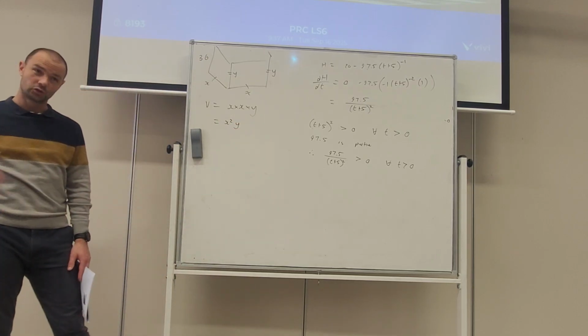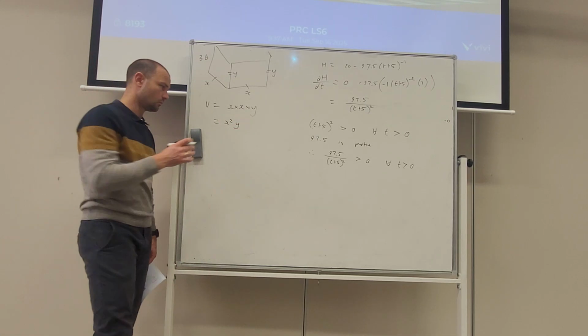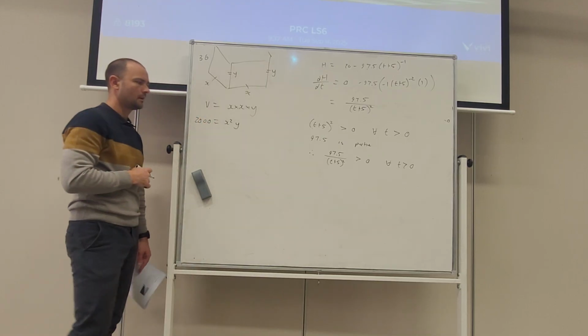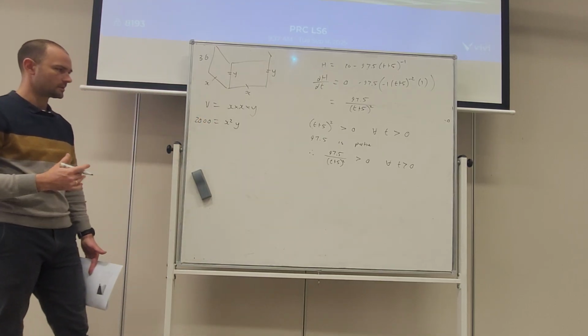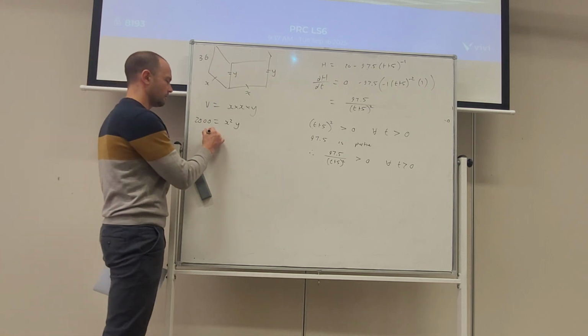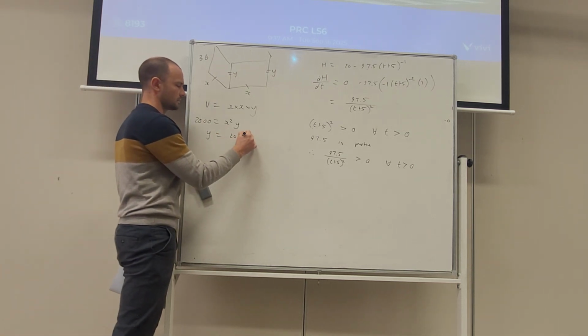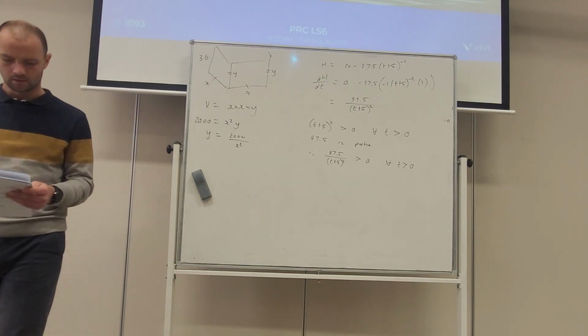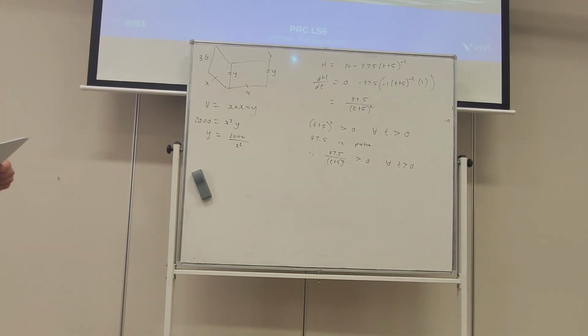And this is equal to 2 litres, which is also 2,000 centimetres cubed. If we divide both sides by x squared, we have y equals 2,000 on x squared. So we have a way of presenting y.